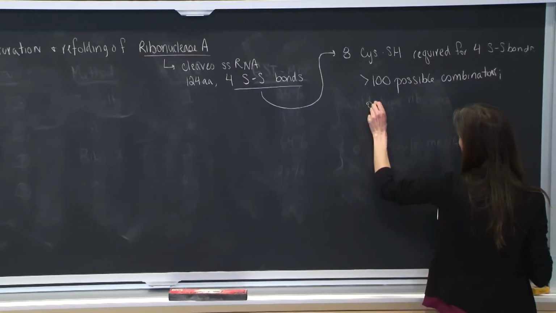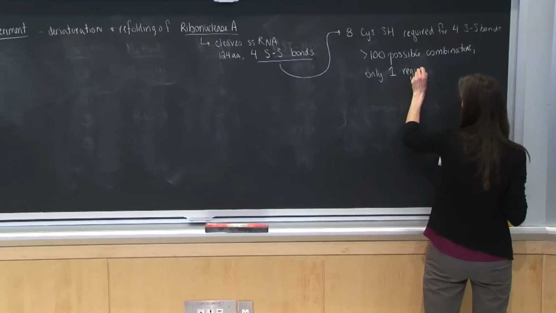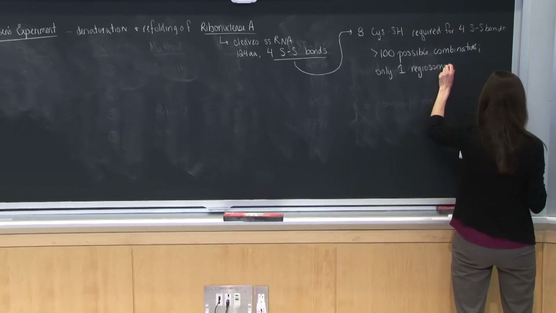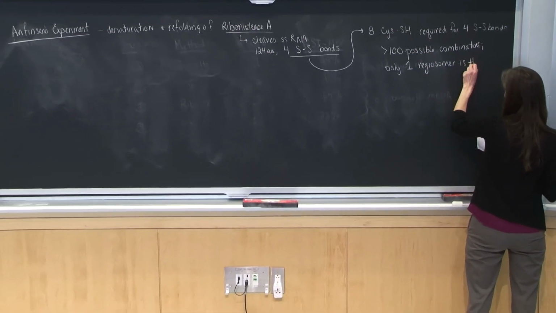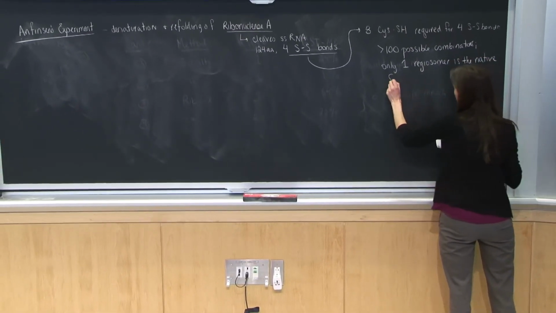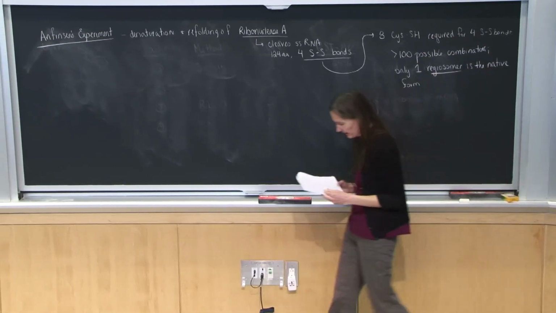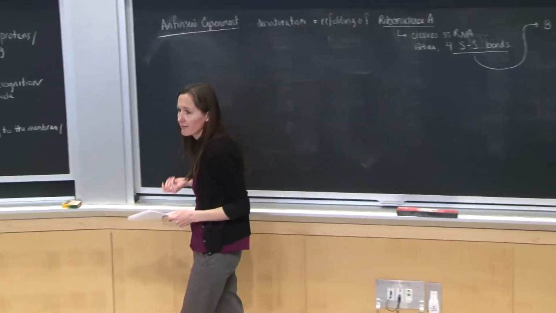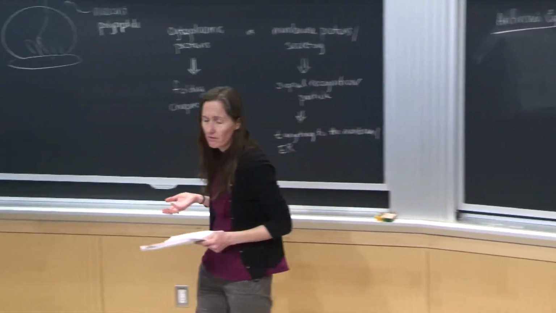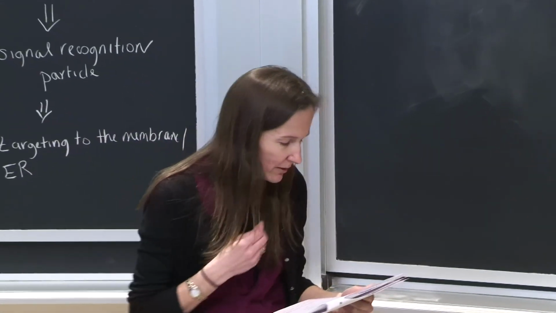Only one regioisomer, one of these combinations, is the native form. So 1 out of over 100. These native disulfide linkages that are formed endogenously are required for activity. So what was Anfinsen's experiment?